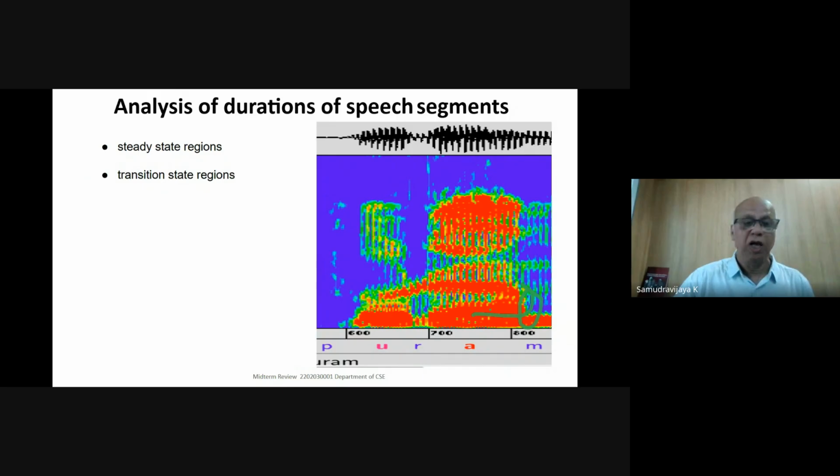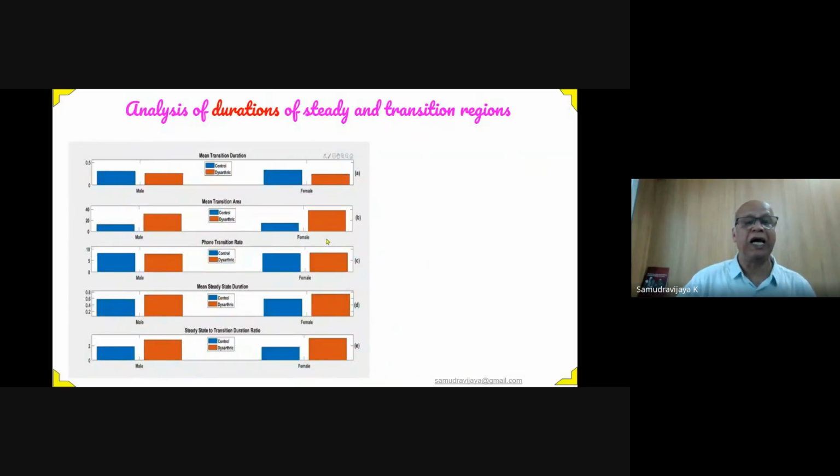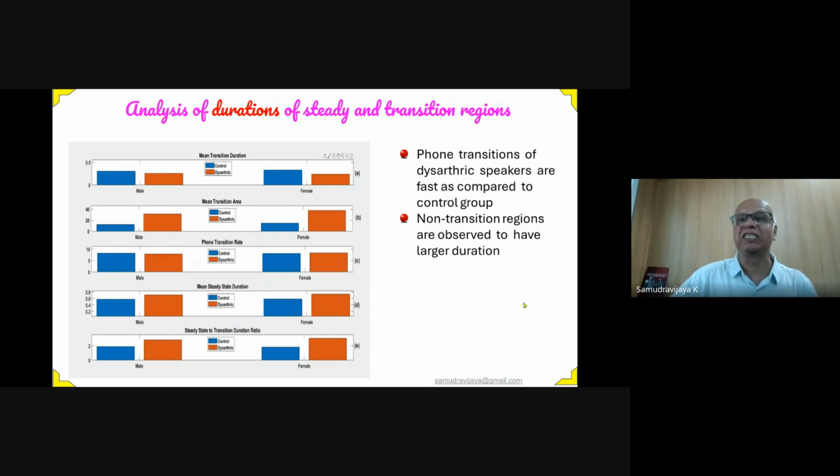Now we looked at the durations of the steady state segments and the transition regions, and we took their ratio. What we observed was that the people with dysarthria, the red bar, had a longer steady state duration and a shorter transition duration.